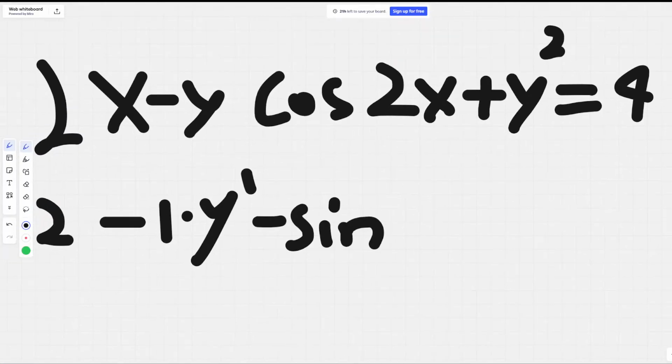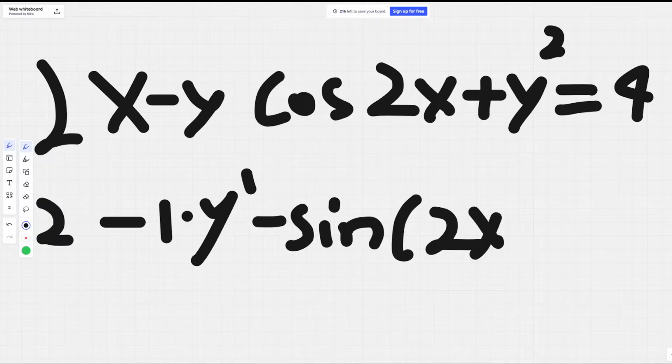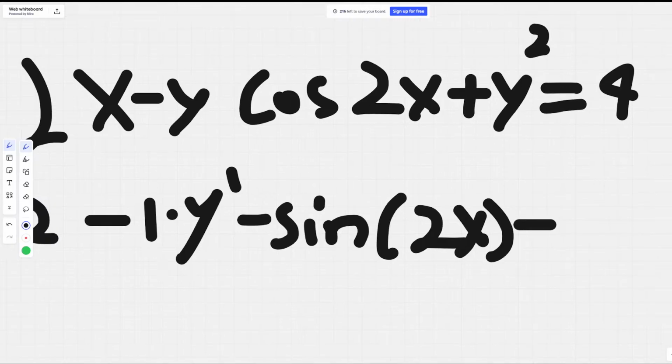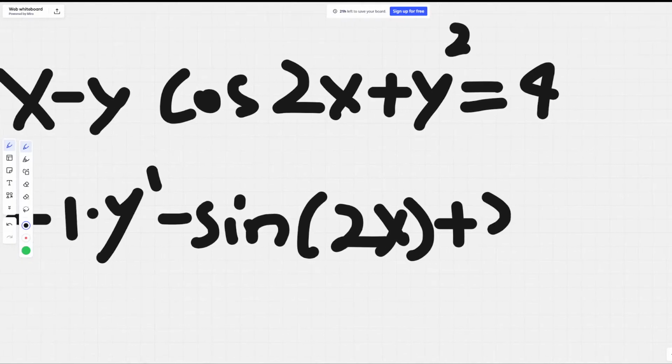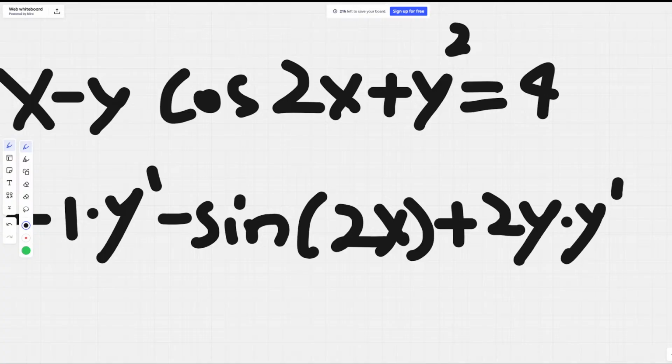Cosine is negative sine 2x. Add 2x plus 2y, y prime equals 0.